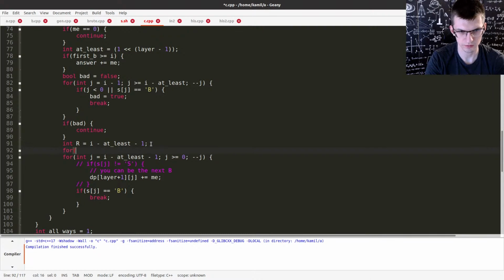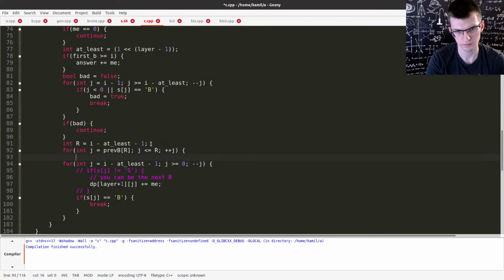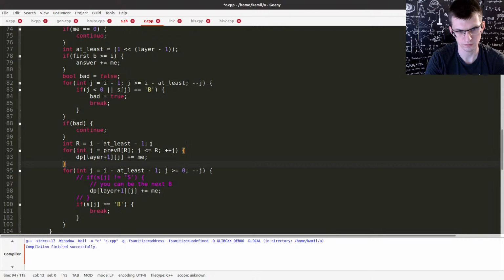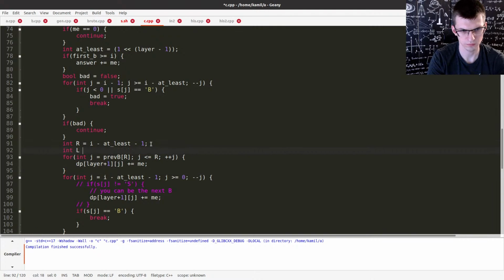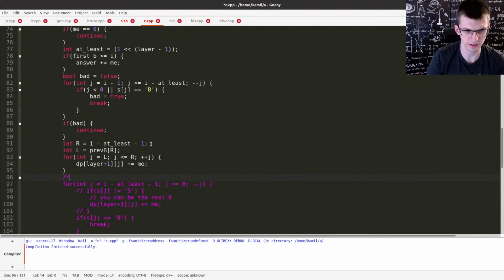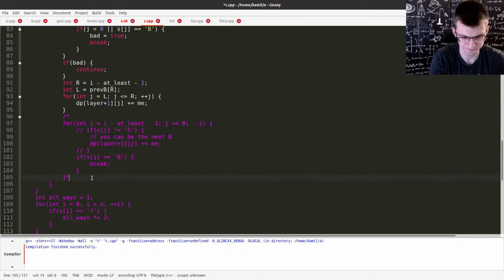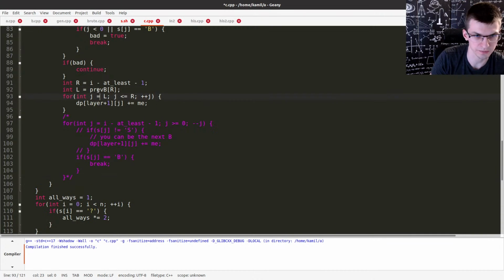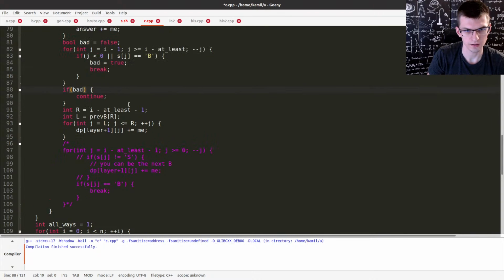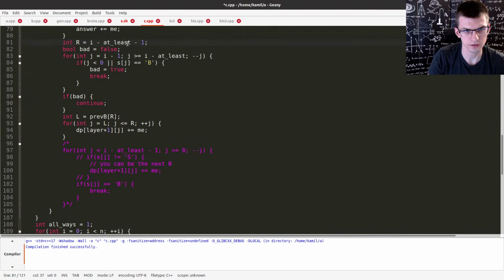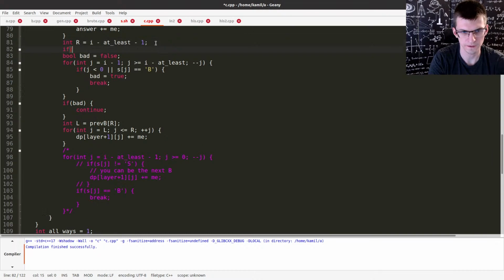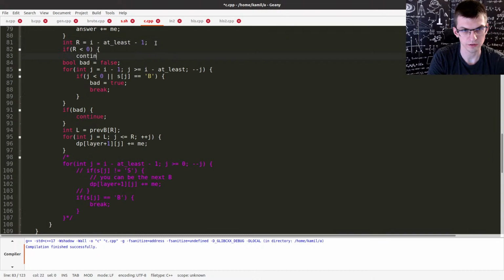Once I change this to this easier format, where I see that we operate in some interval, it will be easier to do prefix sums on that. And can find R already here and say R smaller than 0, continue.